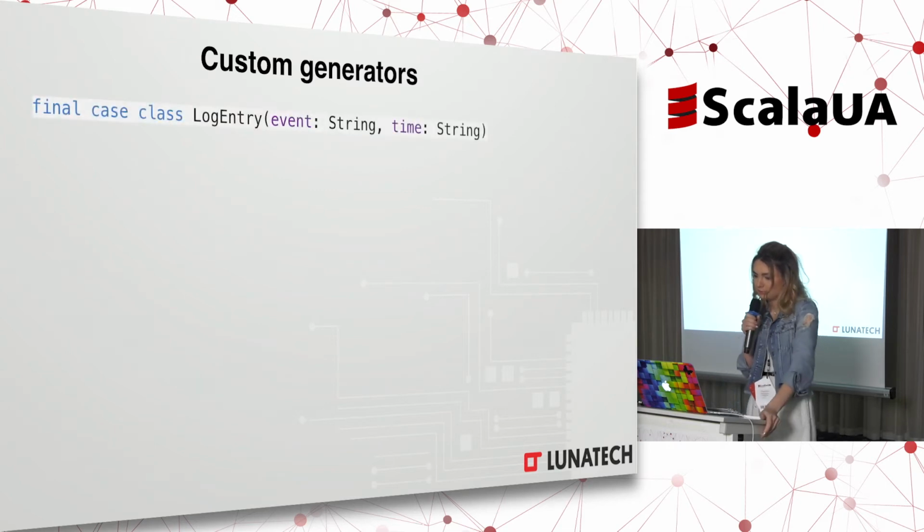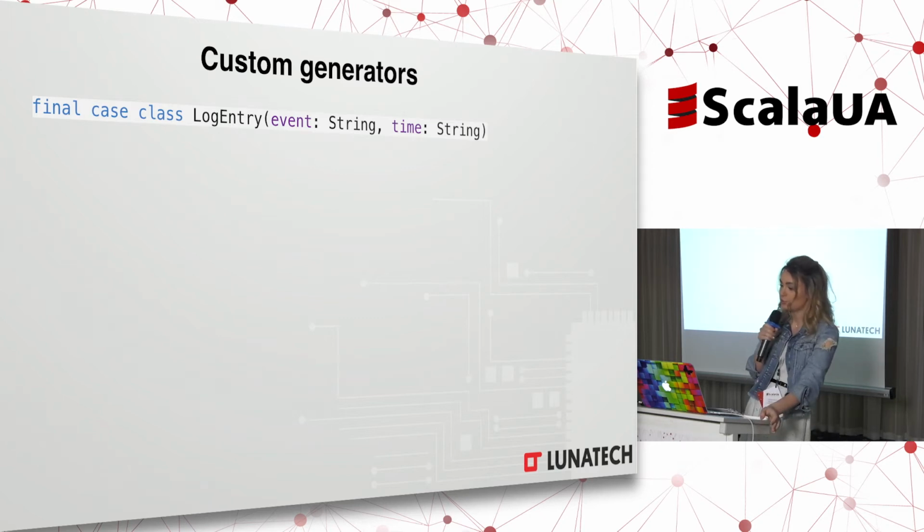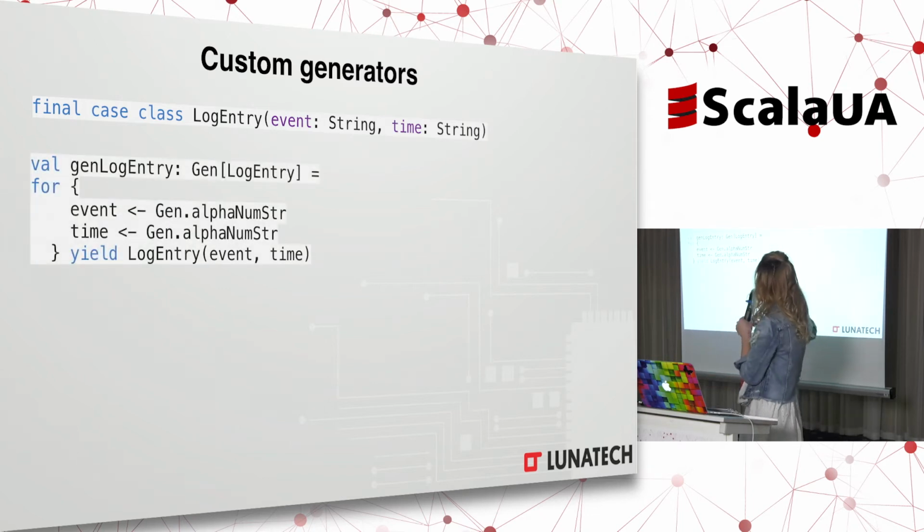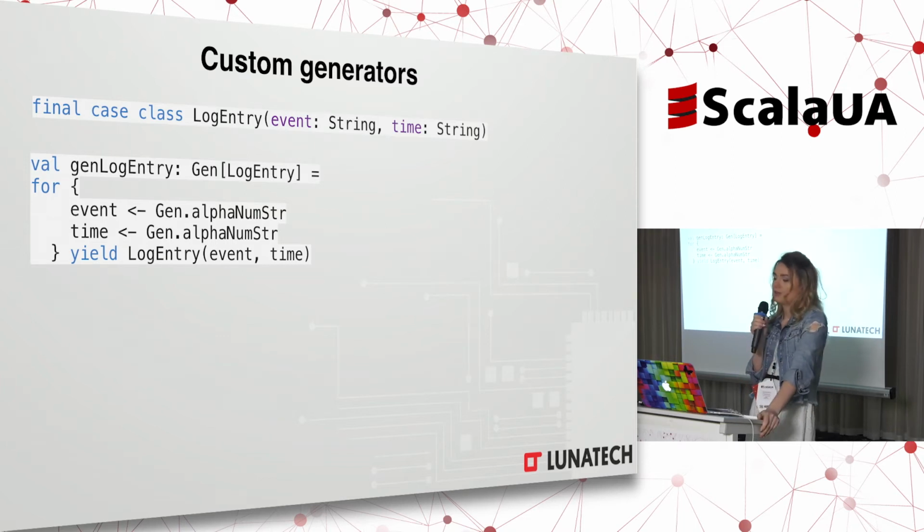Let's say we have a domain object of a log entry, which consists of two string values, event and time. And we should write our own generator. So how I would do it is you're using the Gen object from ScalaCheck, and it provides you with a whole bunch of default methods.